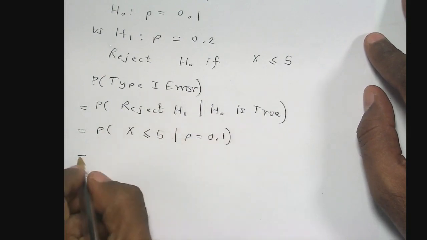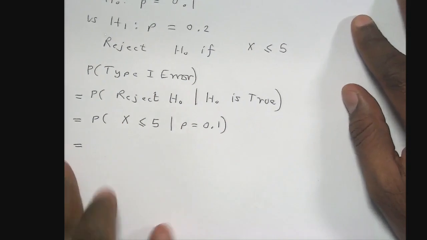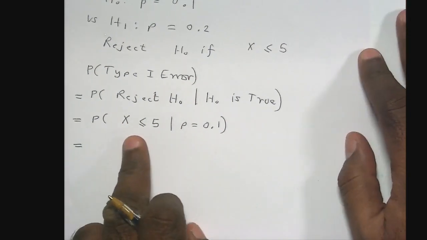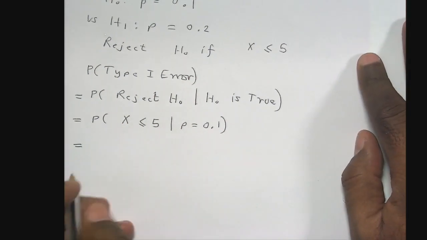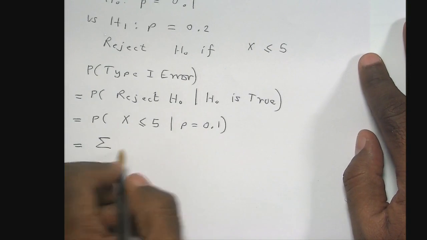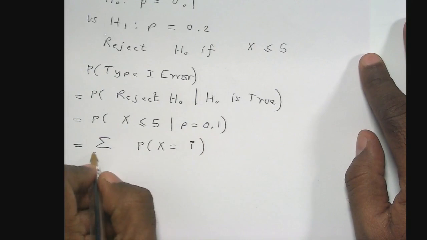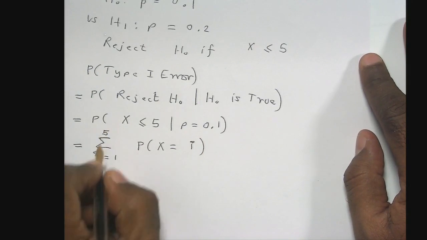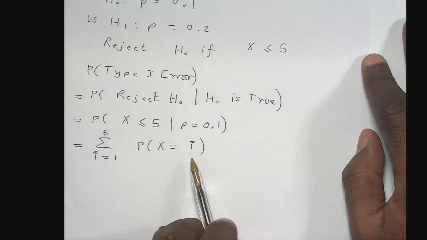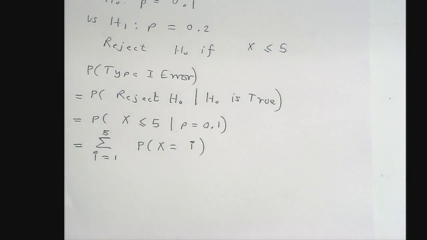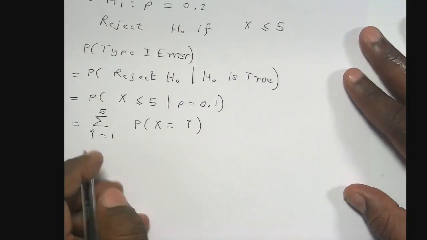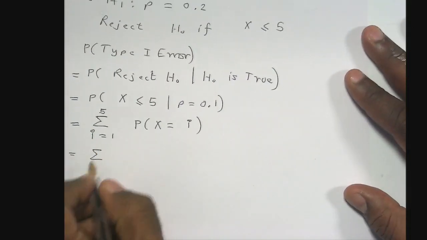Now we know that x is a geometric variable, so this is the sum of the probability that x is equal to i from 1 to 5. Remember, a geometric variable takes values 1, 2, 3 up to infinity. So if x is less than or equal to 5, it can be either 1, 2, 3, 4 or 5.